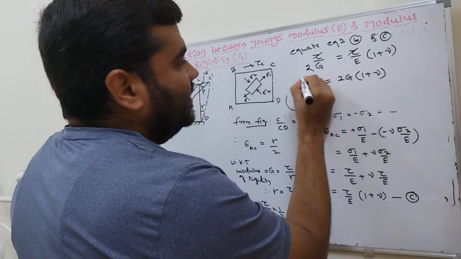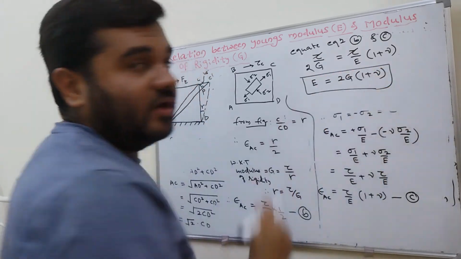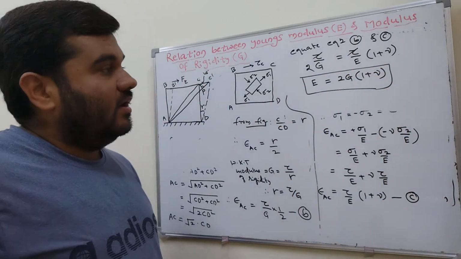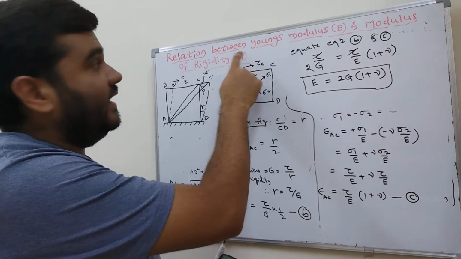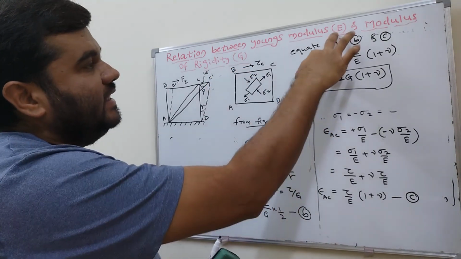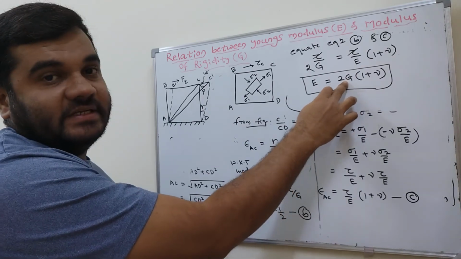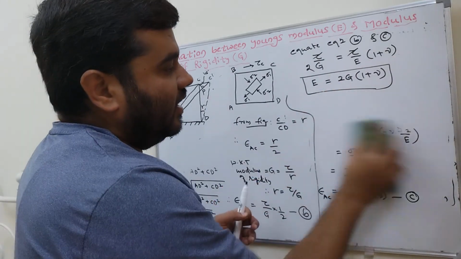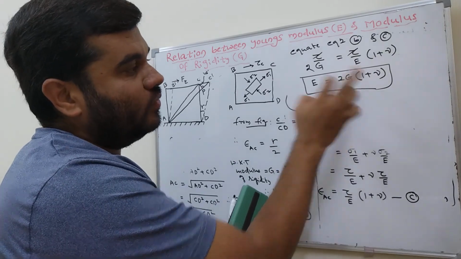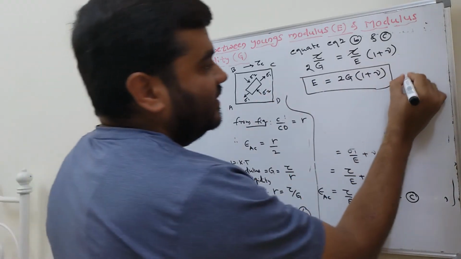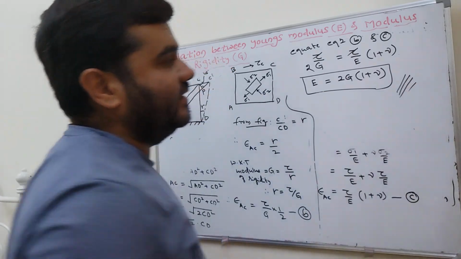This is the final formula, the final derivation. We derived the relation between Young's modulus E and the modulus of rigidity G. Remember, always E equals 2 times G into 1 plus nu. This is the final formula we derived here.